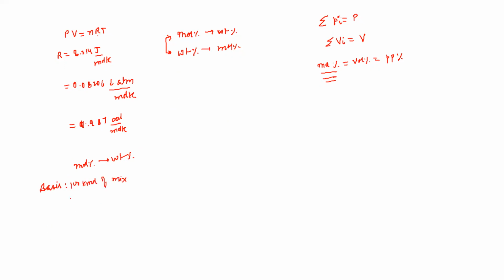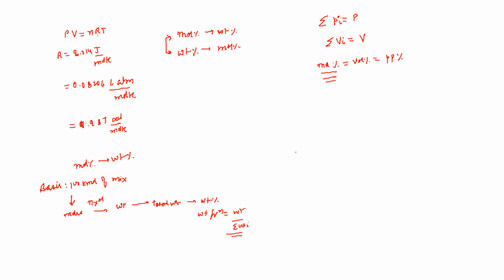From that we calculate moles. From moles, we calculate weight by multiplying moles by the molecular weight. Then we get the total weight by adding all the weights. And finally, we get weight percent, or you can say weight fraction, equal to individual weight upon total weight. All right. This is what we studied.